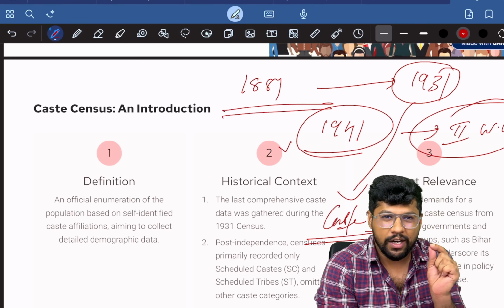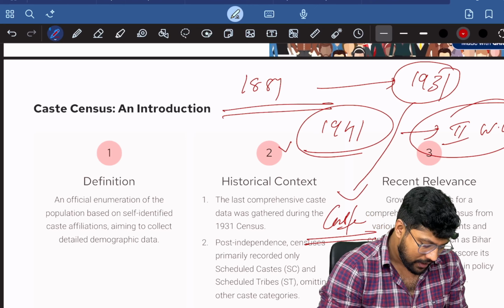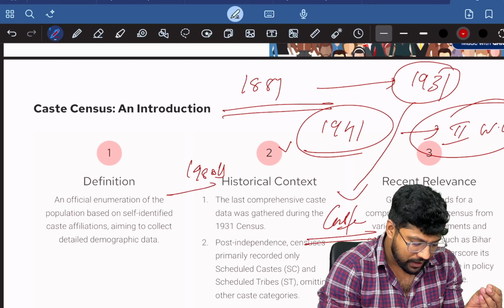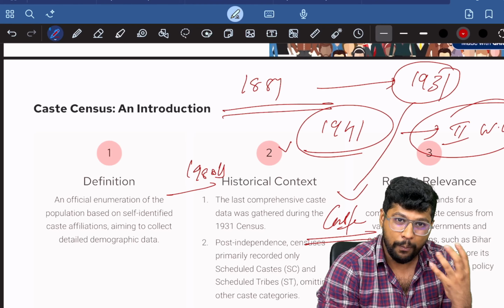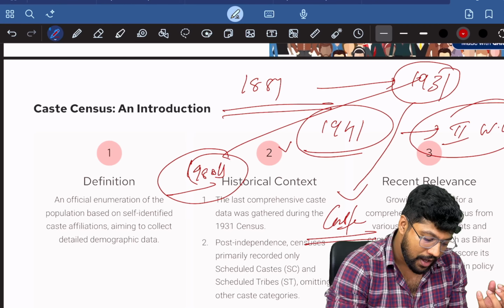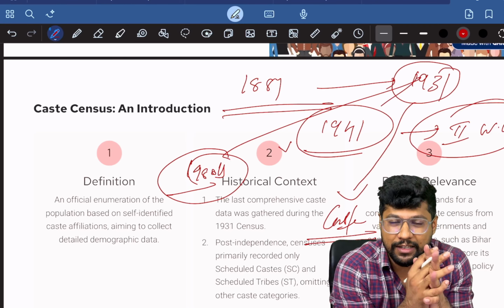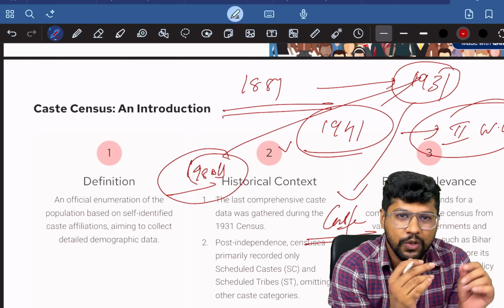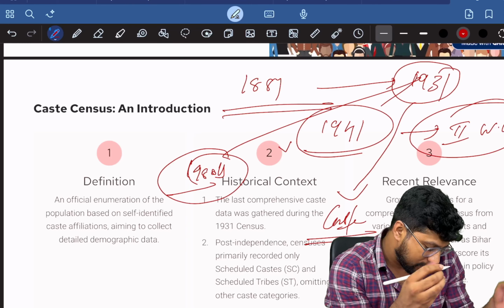Interestingly, even the Mandal Commission of the 1980s recommended the OBC reservation based on the data we collected in 1931. So now you understand the context of why people are demanding caste-based data, and the relevance of a caste census in the next coming census.